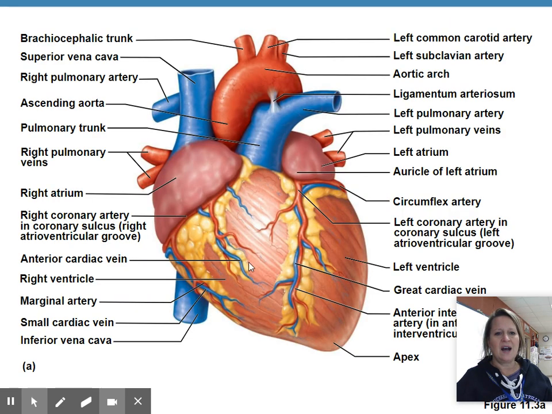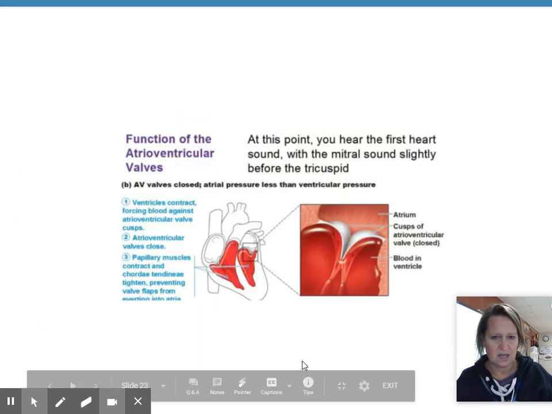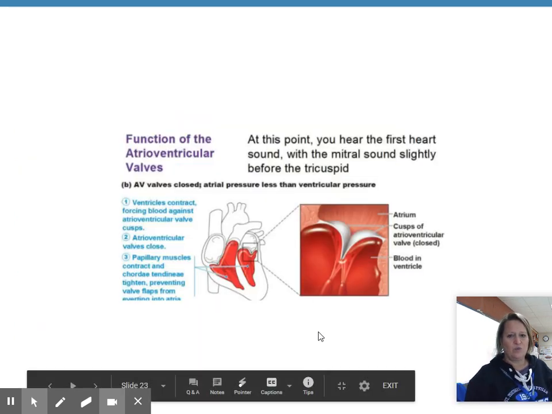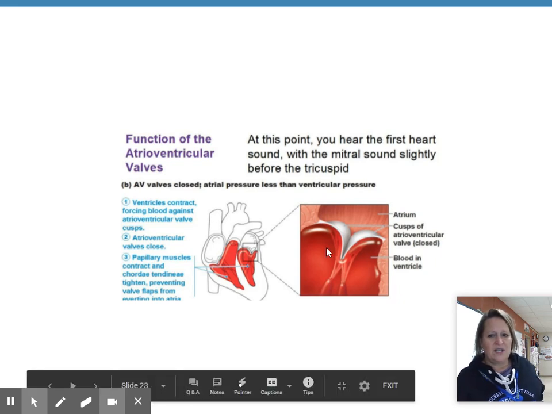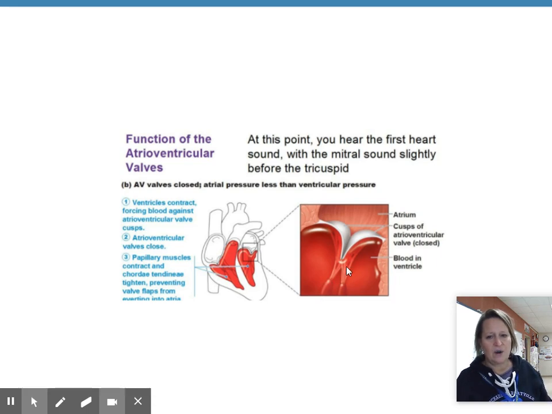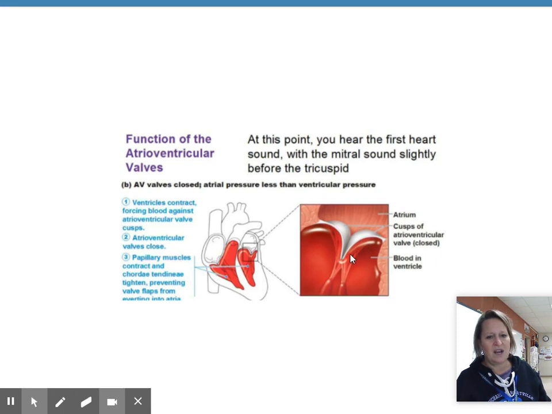How the AV valves work is that the AV valves are going to close when the ventricles contract because blood is forcing up against them. So here you can see the papillary muscle holding on to the chordae tendineae, which is attached to the valves.